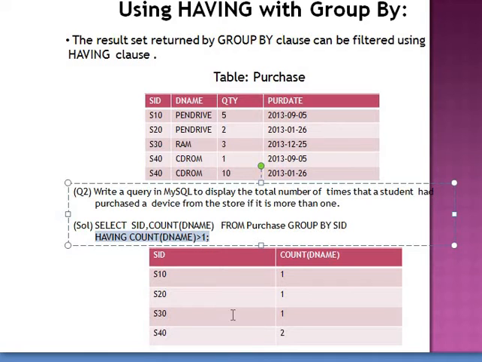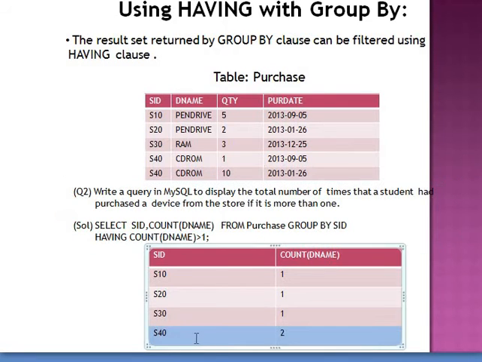Now in this result set or this output, which record shows the count of dname greater than 1? If you look out here, only this particular record shows the count of dname value as greater than 1, because 2 here is greater than 1, and its corresponding student ID is S40.